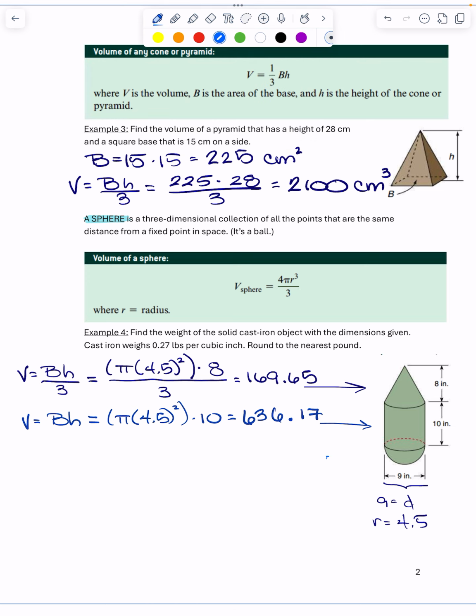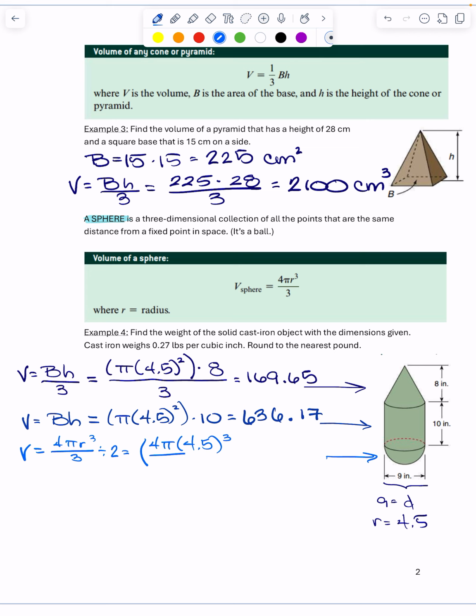Now for the bottom piece, we're going to use the formula for a sphere, but then we're going to cut that in half because notice I only want half that sphere. I want the hemisphere. So the volume of a sphere, and I'm going to write it in a way that is not going to make some people happy, 4 pi r cubed all divided by 3. Then I'm going to divide that by 2. Here's my radius. It's still 4.5.